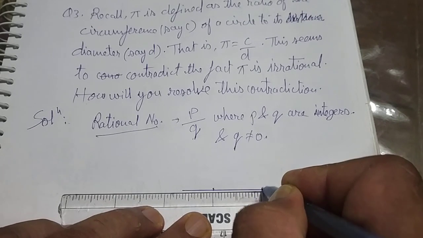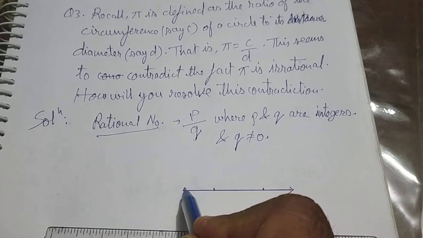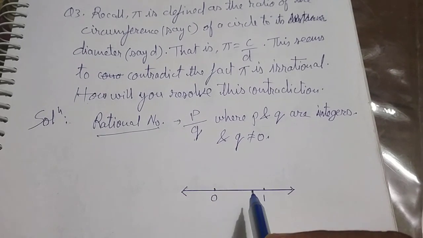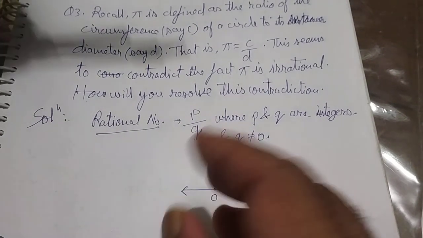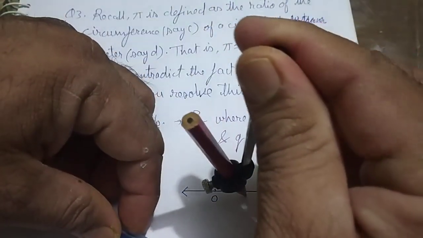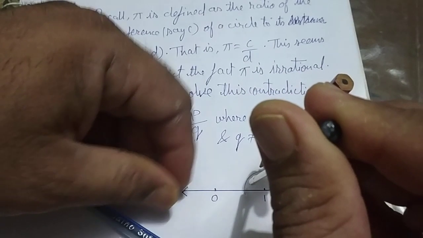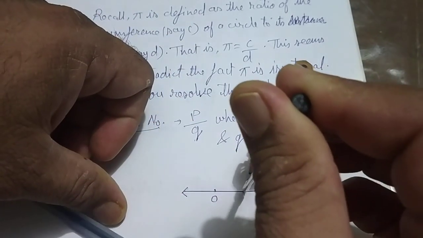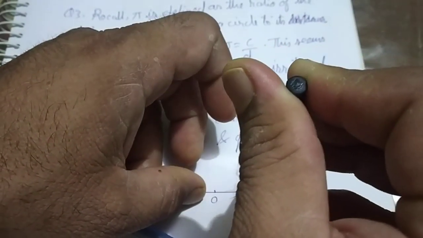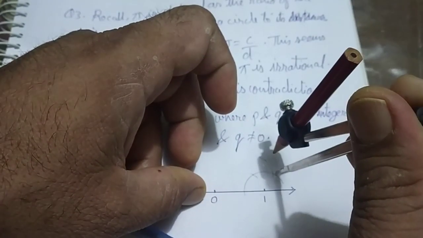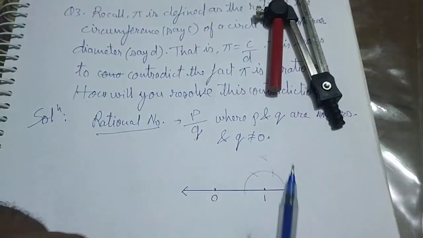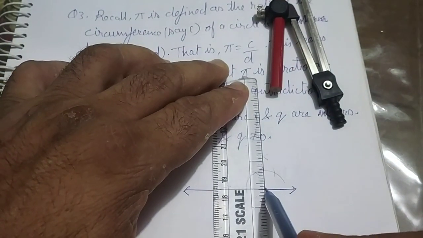Let me take 2 points at equal distances. Let this be 0, this be 1. Now if I draw a right angle here at 1, this is the perpendicular line at 1.